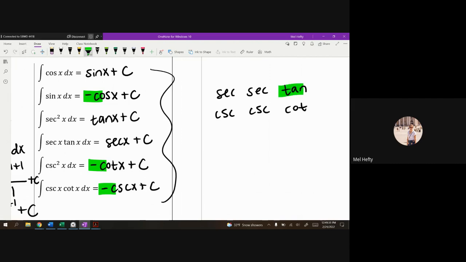If you're taking the derivative of tangent, it's secant squared. If you're taking the derivative of secant, it's secant tangent. Kind of cute, kind of helpful. Cosecant, cosecant, cotangent. So if you need help memorizing those, that's pretty much it.